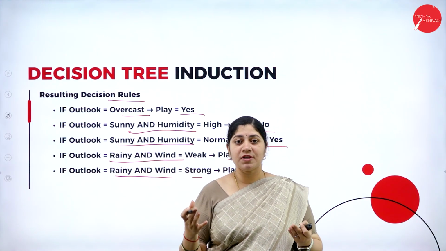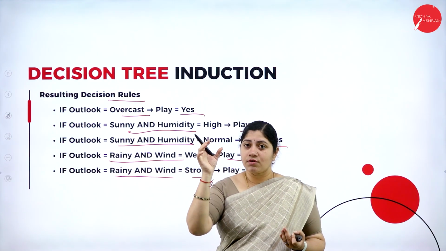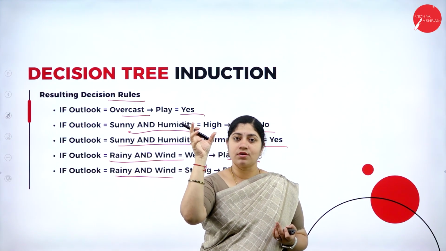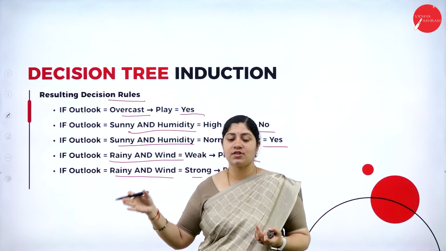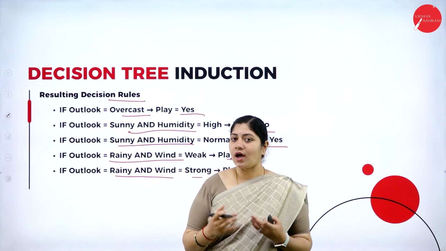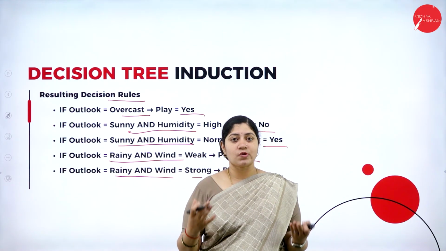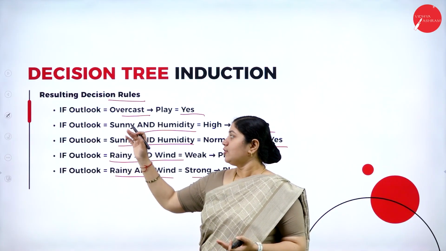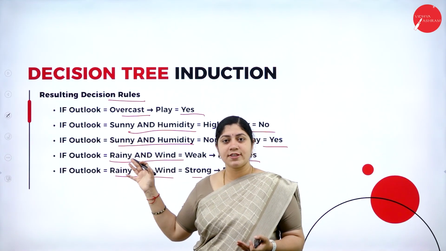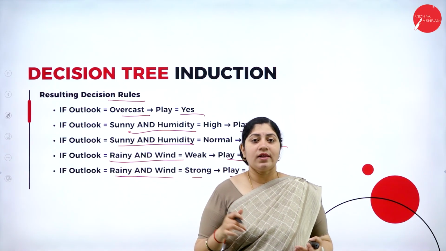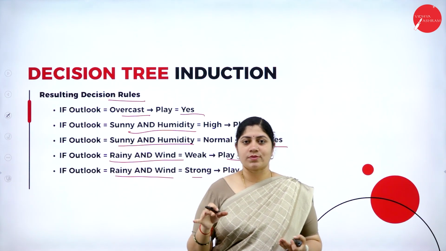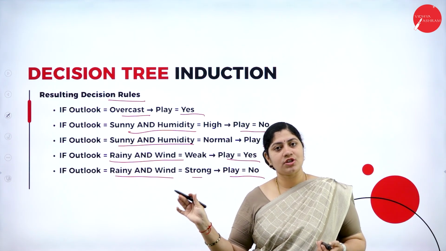It was completely based on the information gain. Once we are done with the root node, the different data sets were induced based on our data, that is, based on our requirement. And finally, through that requirement analysis, we can take a decision like whether we can play a game or not. Thus, this is how decision tree induction works.